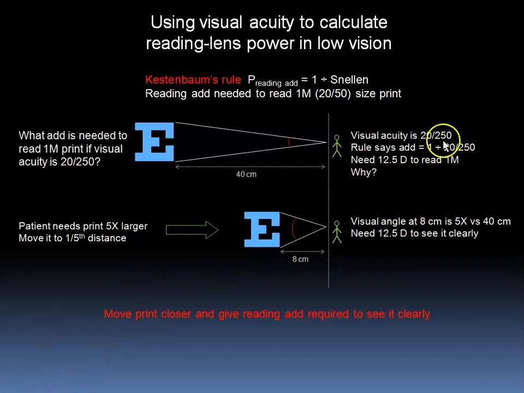Visual acuity of 20 over 250 is 1/5 as good as 20 over 50 vision. Therefore, we need to move the print closer to 1/5 the distance in order to get the magnification to compensate. But we need additional add in order to be able to see at that distance without any additional accommodation.